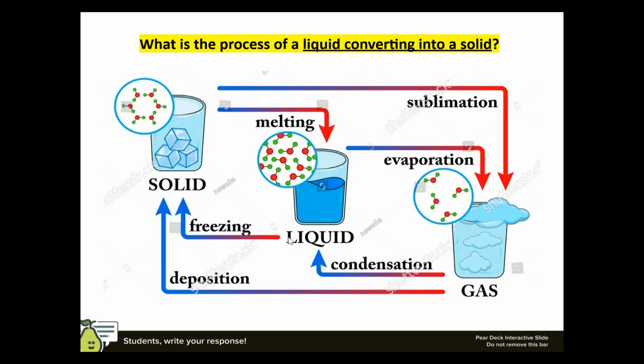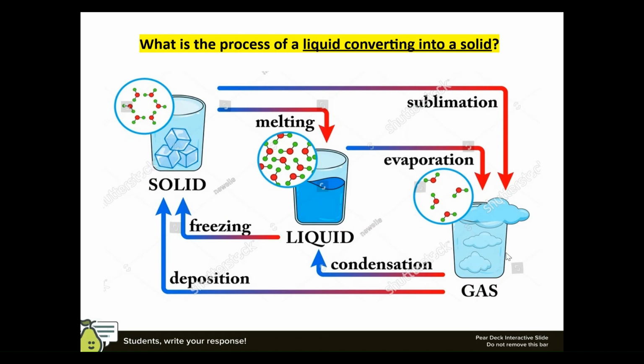Now, alternatively, you can go in the reverse direction. If this has a lot of energy as a gas and you slowly cool it down and it gets cold enough, you get something called deposition, where you go from a gas directly into a solid.